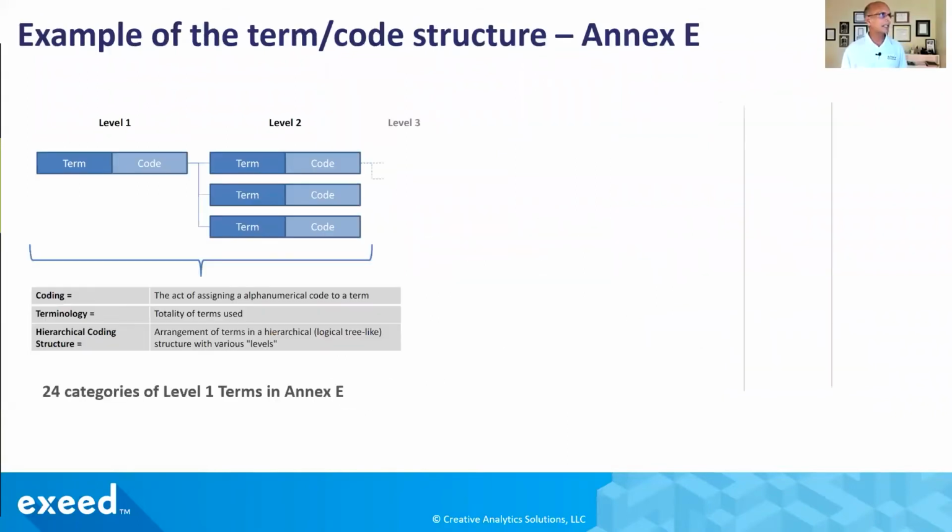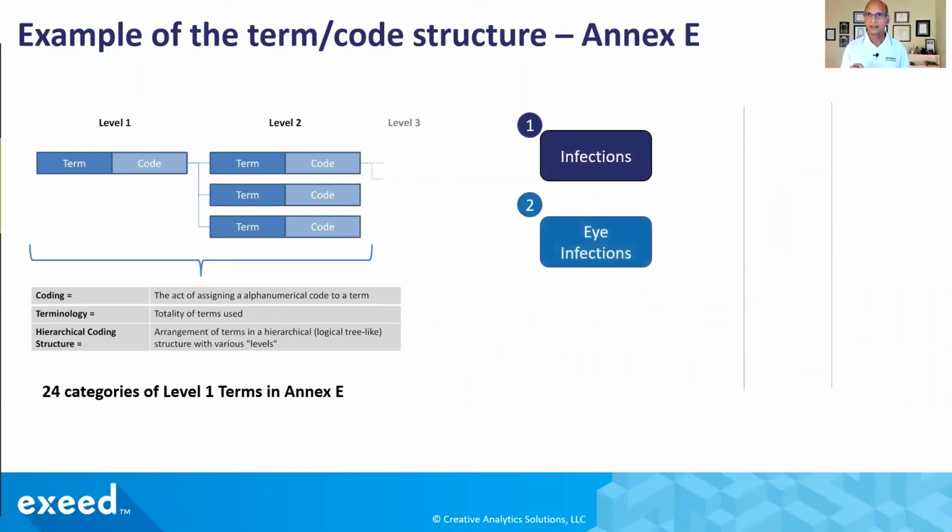Okay, so here's an example. Here's the structure: they have level 1, level 2, level 3, and I'll give you an example. At the high level, there are 24 categories of level 1 terms in Annex E, and they all relate to a very high level 1. So for example, infections, a very broad term. The recommendation is to use the lowest level term possible specific to your application and the availability of data.